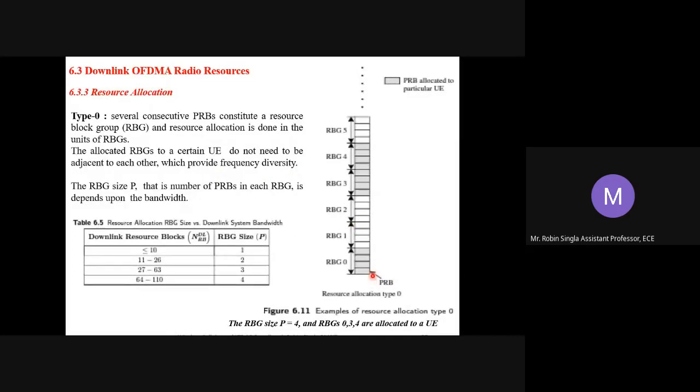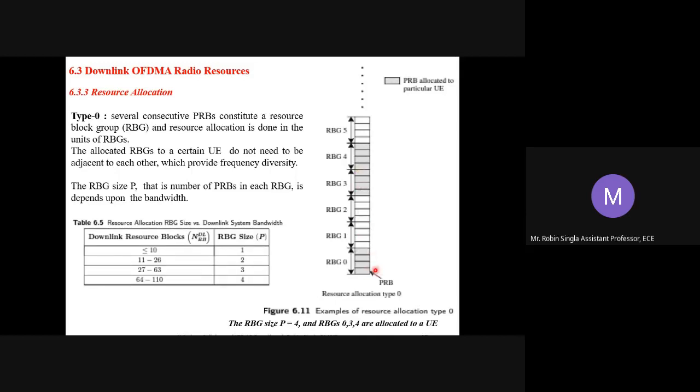I will repeat one more time. This is type 0 resource allocation, in which a group of PRBs is known as an RBG, and how many PRBs there are in one RBG depends on the bandwidth, and it can be 1, 2, 3, 4. One complete RBG is assigned to a particular user, and those RBGs need not be adjacent to each other.